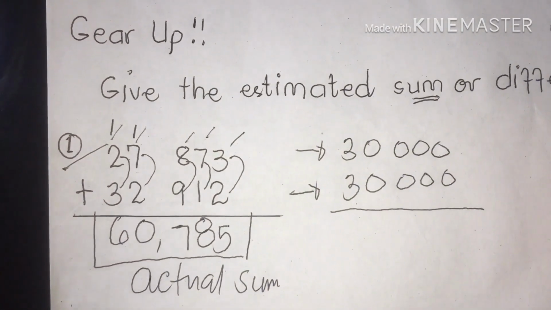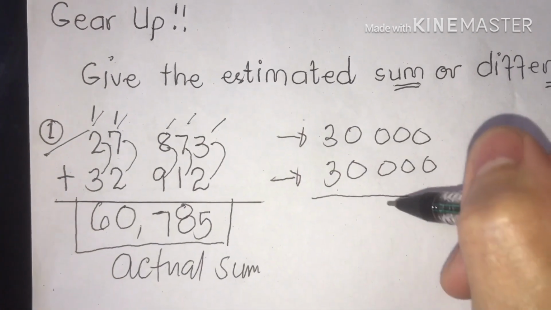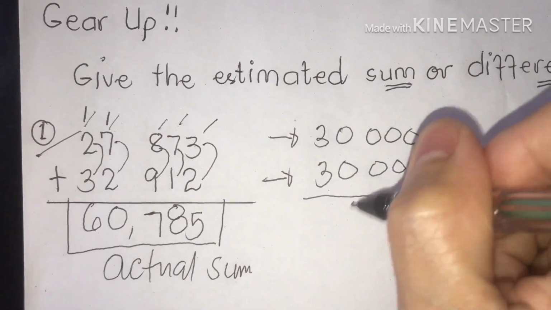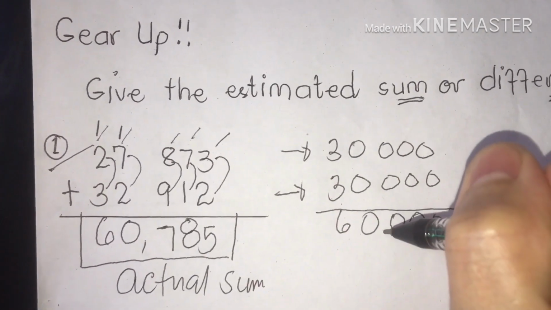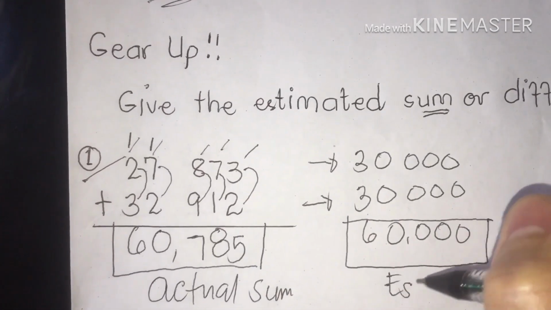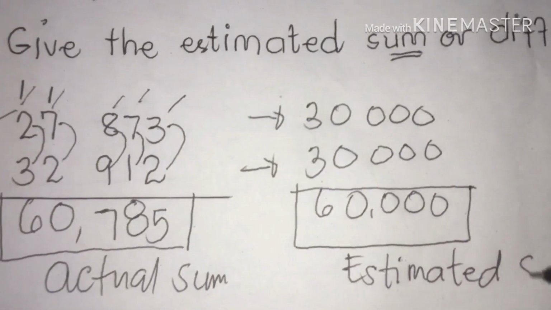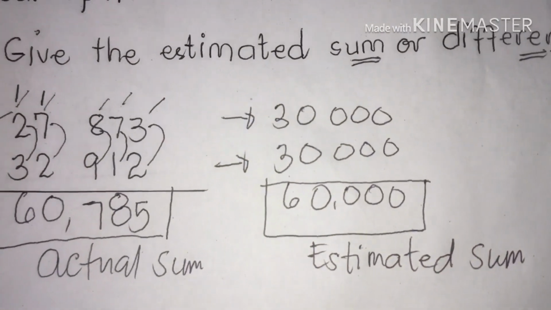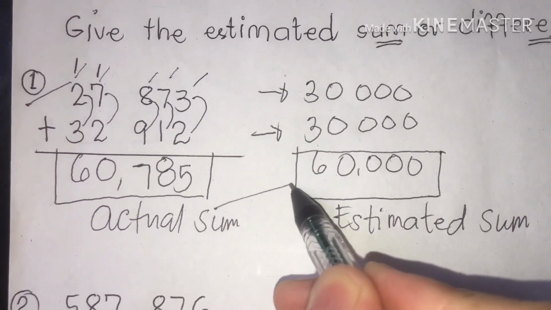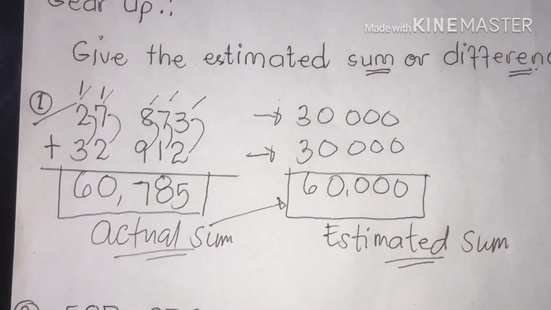Remember, your estimated sum is nearest to the actual sum. So we bring down 3 zeros, then plus. This will be our estimated sum. My dear viewers, this is what we call nearest to our actual sum and estimated sum.